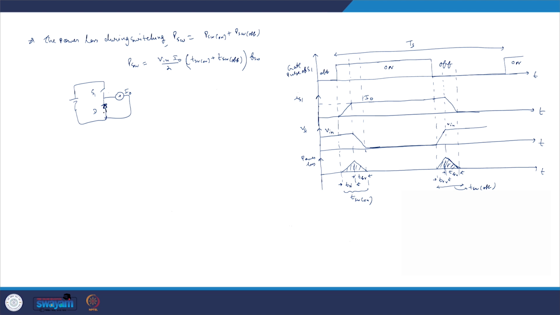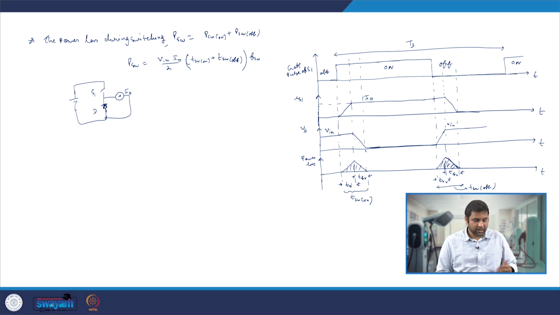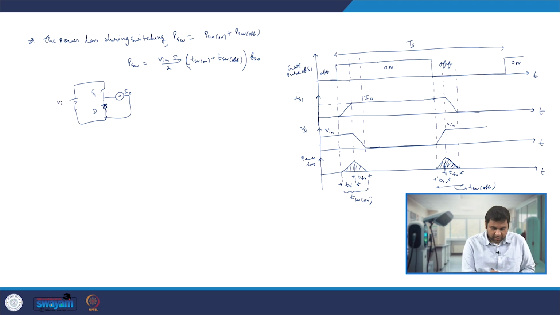We have only the freewheeling diode or body diode of the MOSFET, which is connected in place of the S2 switch. We have just considered the diode D. So during this period we have understood that the switching loss happening across the device S1, obviously we have calculated for S1.